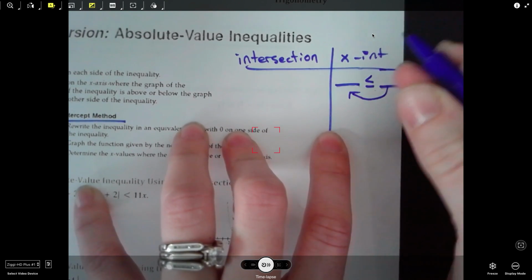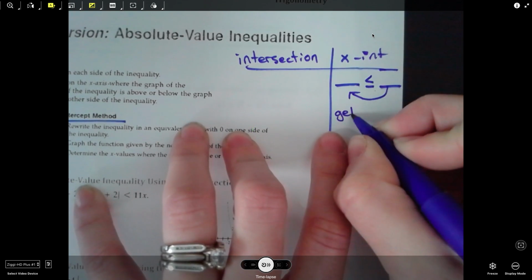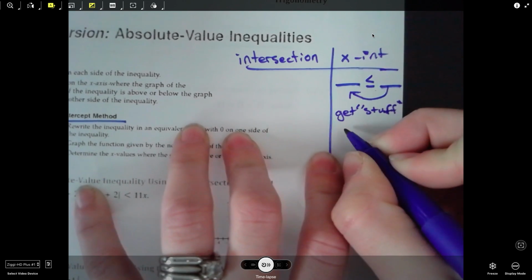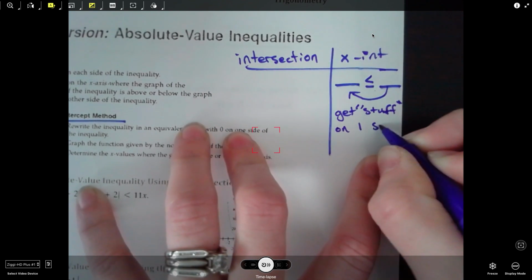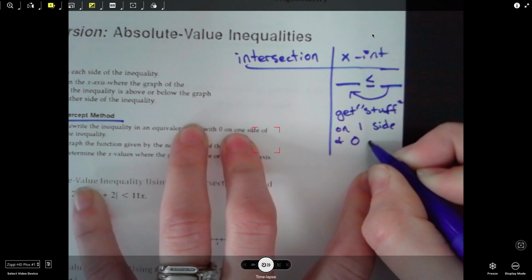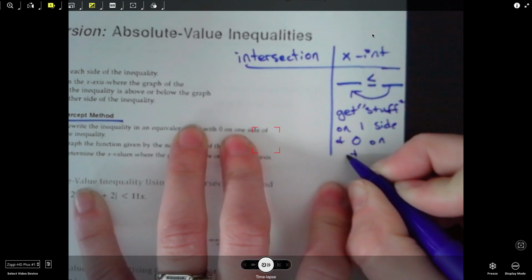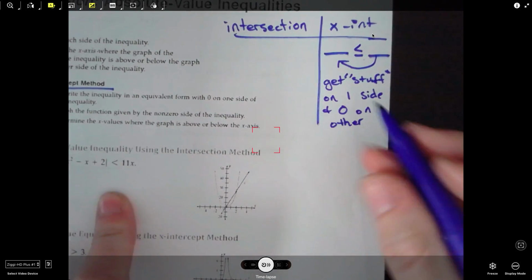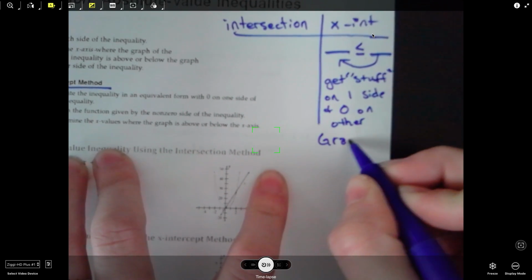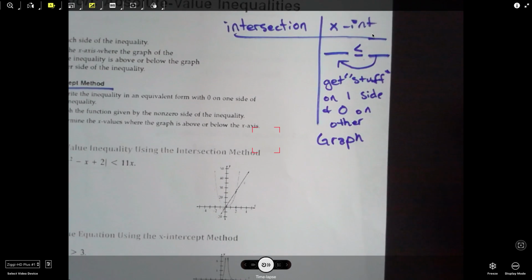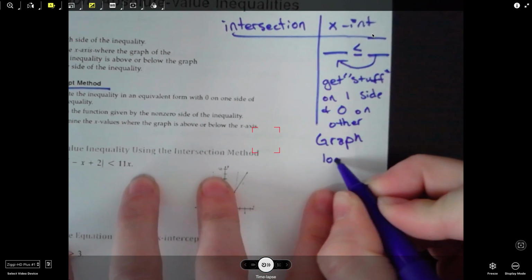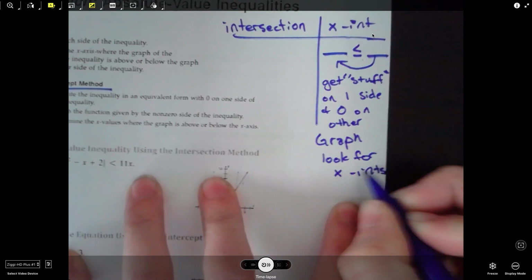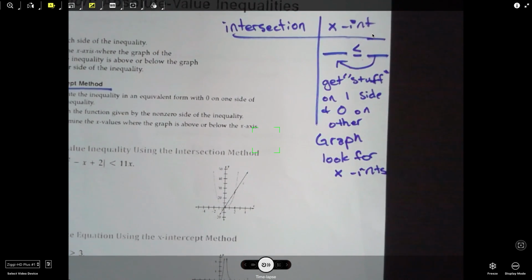So get stuff on one side and 0 on the other, and then you graph on Desmos or your graphing calculator, and then you look for the x-intercepts. Okay, that's how you solve the x-intercept method.